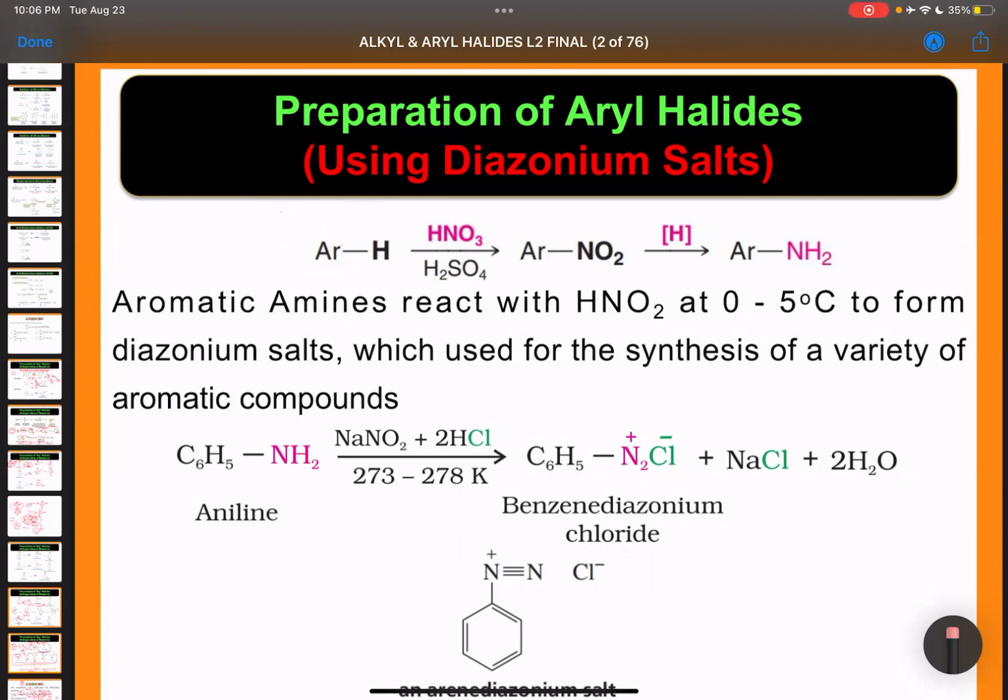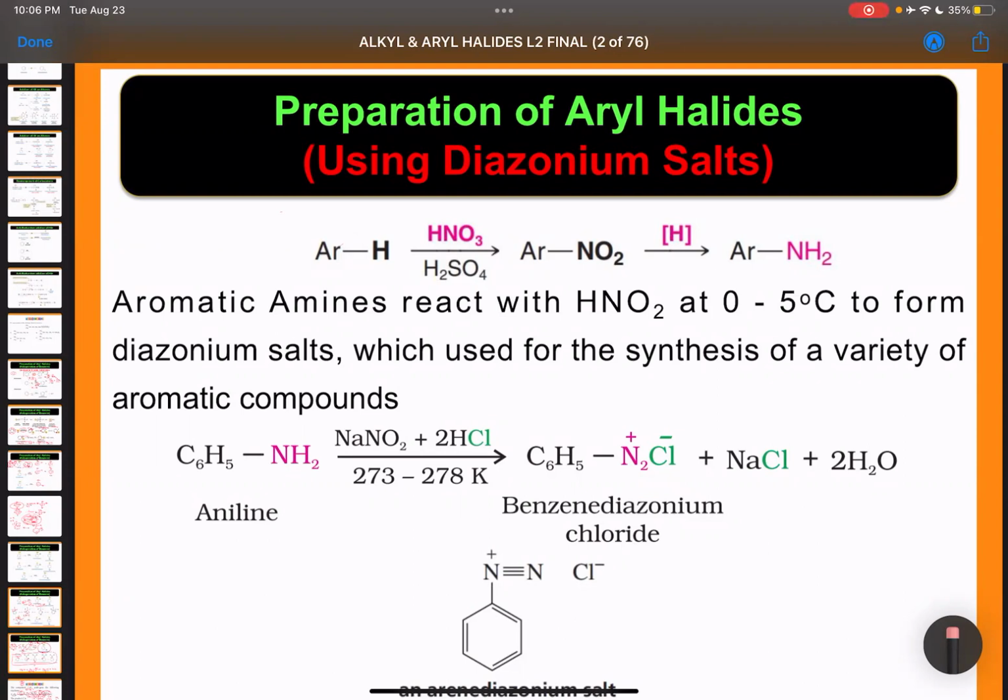So those methods were the direct way of attaching, but there is an indirect way of attaching also, in which you don't attach your bromine or chlorine or fluorine directly. Instead, you choose some other route to bring in the fluorine, chlorine, bromine, and iodine. Why do we need these methods?